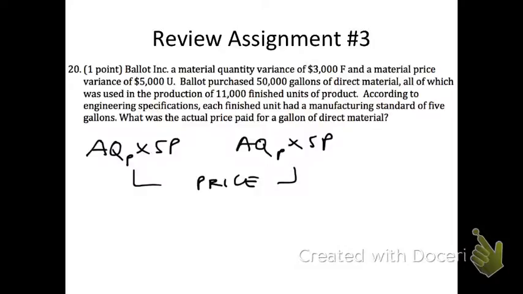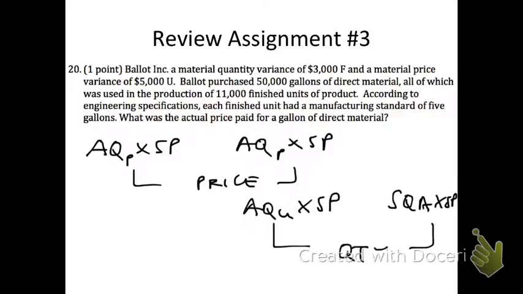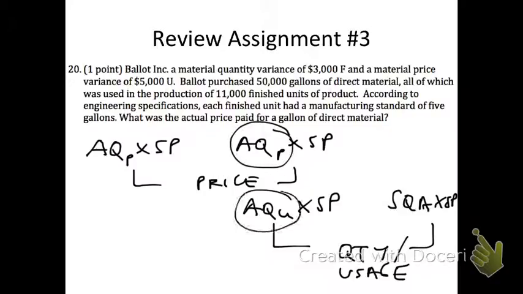If the amount used is different, then I say actual quantity used times standard price compared to standard quantity allowed times standard price. That would be my quantity or usage variance. So you can still use the structure, just be aware that these two amounts could be the same or they could be different.